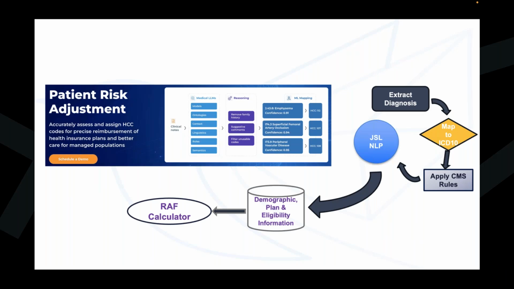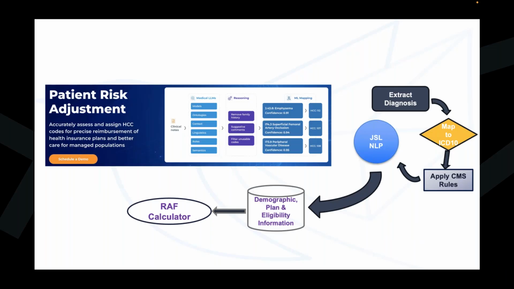Now there is one step in between extraction of diagnosis and mapping to ICD-10, and that is the reasoning step, by the way, which is not indicated here, but I'm going to explain that. So what happens is, as I said, in the case of suspected conditions, the chunk might never be there. The doctor might never have said in the past historic notes that the person is diabetic, but the value is high, right?